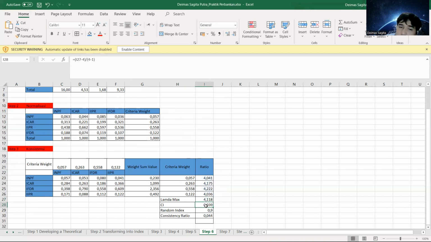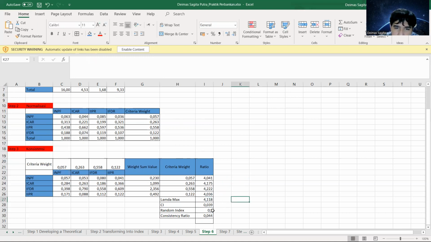For the CI, the formula is the lambda max minus 4, and then divided with 4 minus 1, or 3. Sorry, just enter.